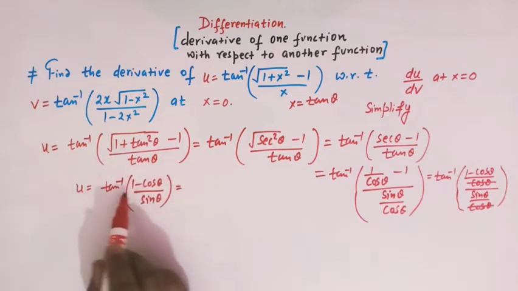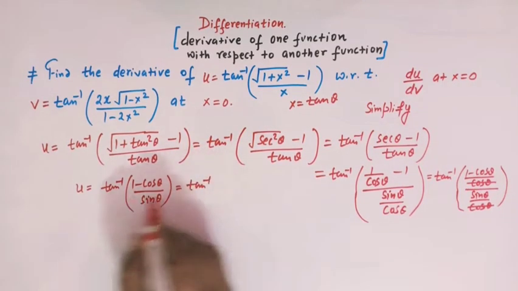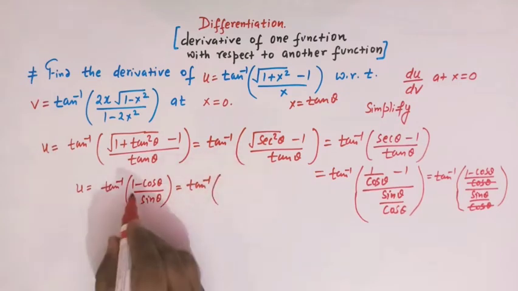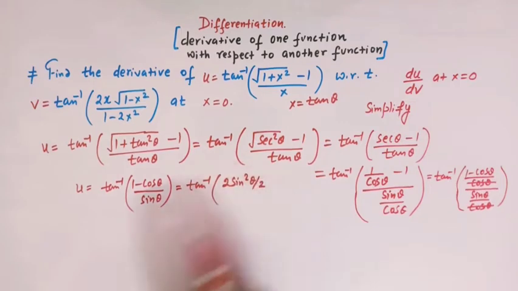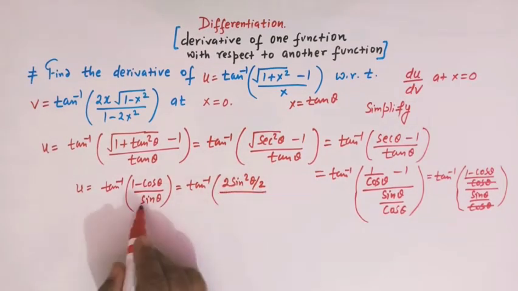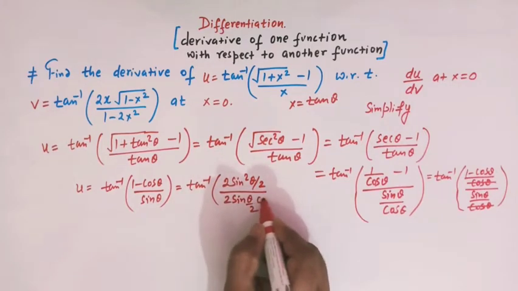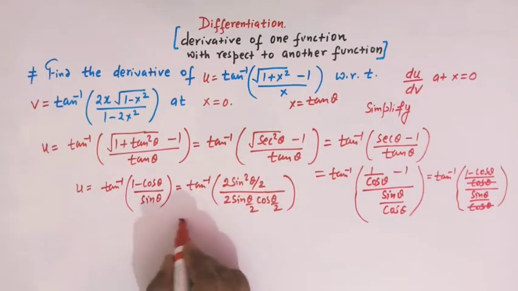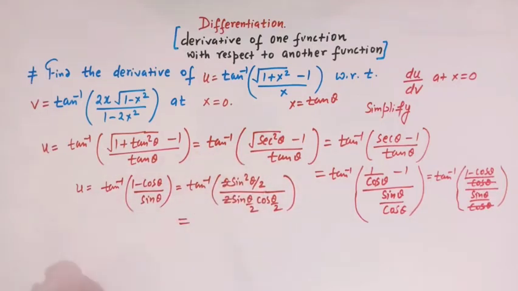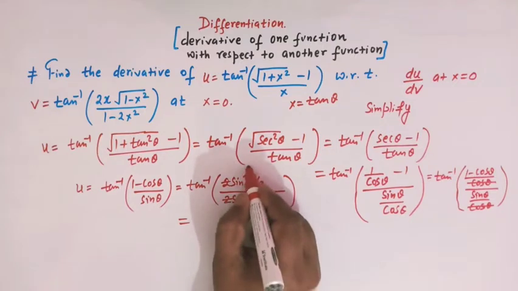Again using trigonometric identities, 1 minus cos theta is equal to 2 sine square theta over 2, and sin theta is 2 sine theta over 2 cos theta over 2. Now the 2 and 2 get cancelled, and one sine theta by 2 gets cancelled.